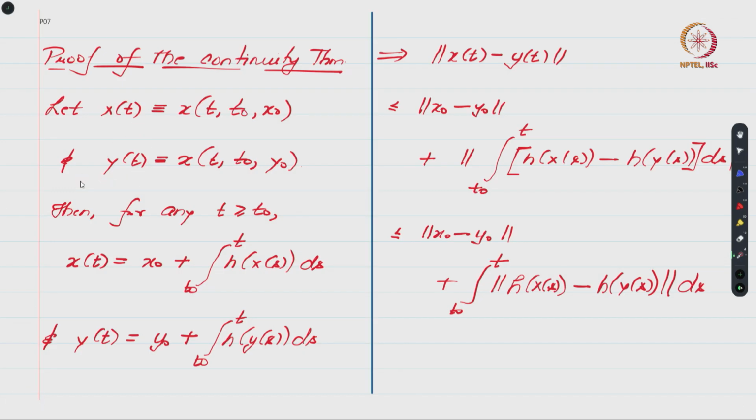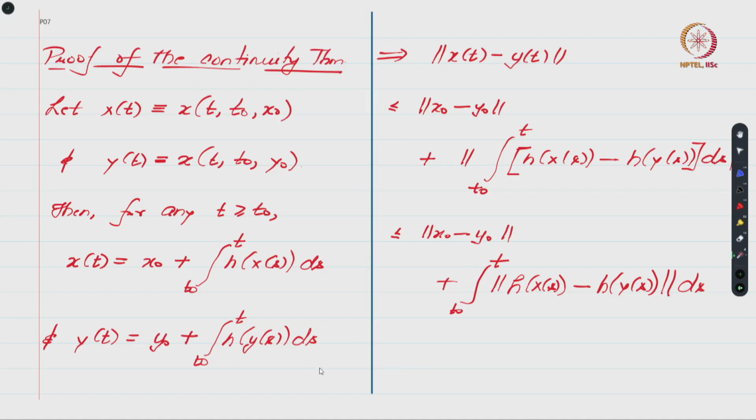Towards that, observe that because x of t is a solution to the initial value problem, I can integrate both sides and get this relation. X dot of t equals h of x of t, I can integrate that and get a relation like this, and this x naught comes up because at time t naught your value of x of t is indeed x naught. Similarly, one can conclude that y of t is y naught plus this integral.